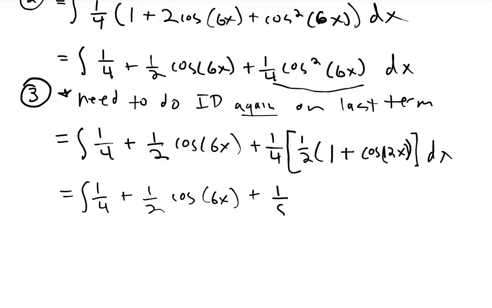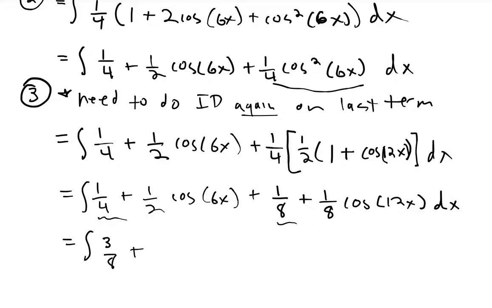That means I've got an 1/8 here, and I've also got this 1/4 and 1/2 on my cosine term, so I've got a 1/8 there as well. And if you want to simplify one more time before we jump into things, you may note you've got two constant terms here. If you wanted to regroup those, that would save you another term to antiderive in a moment.